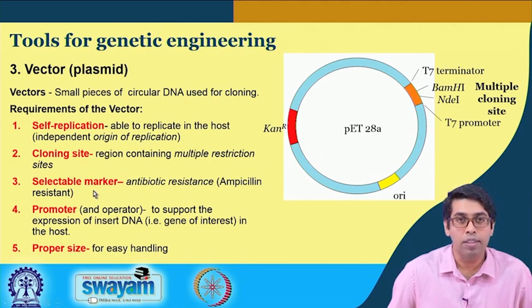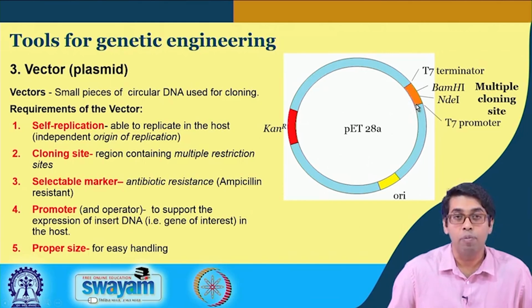Then the third important feature that it has is a selectable marker, because when you are doing all these experiments, some of these vectors will cut open, some will not. Some of these vectors will have your gene of interest inserted into them, and some vectors will not have the gene of interest inserted.